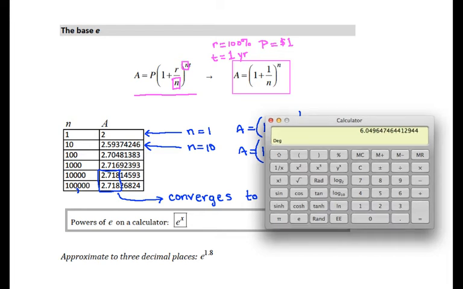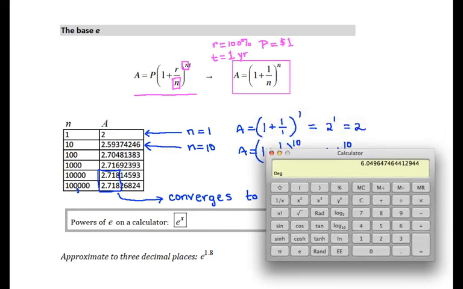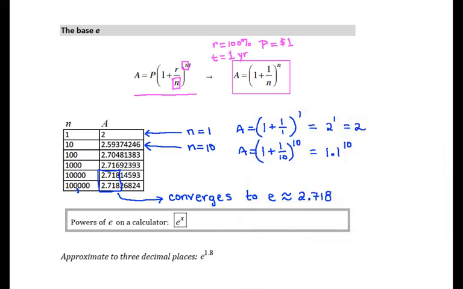Try it out and verify that you can get 6.049647, etc., that you have the right keystroke sequence for your particular calculator. So I'm going to round this off to 3 decimal places, which is going to be 6.050, since I have to round up from 6.049.